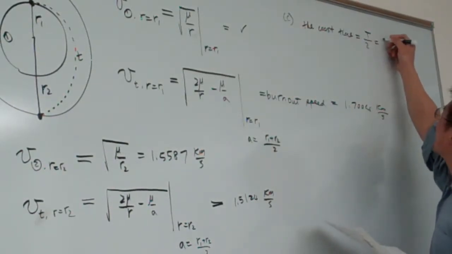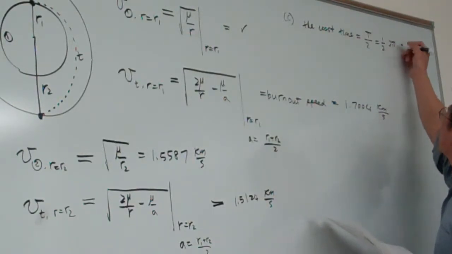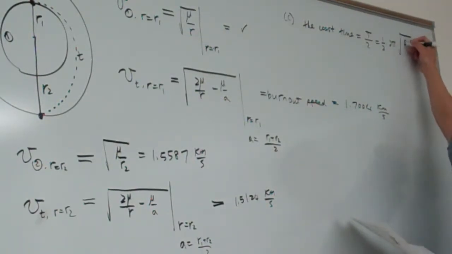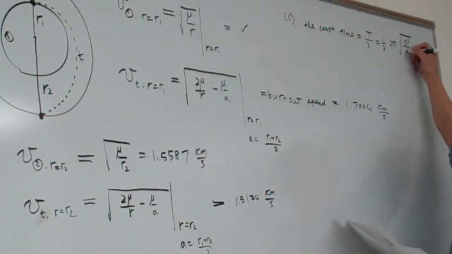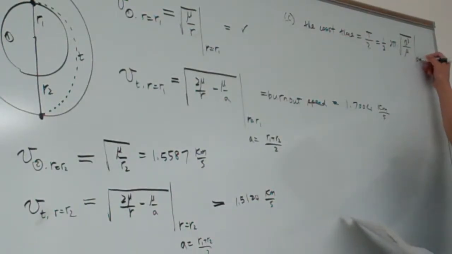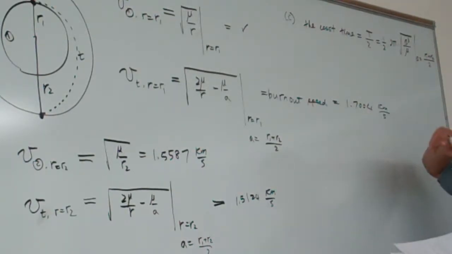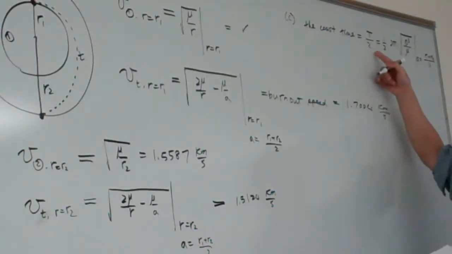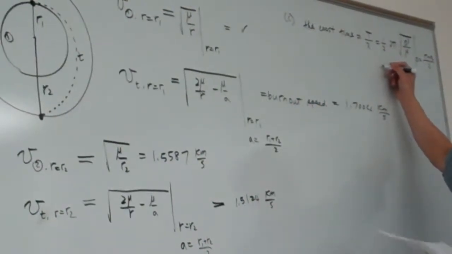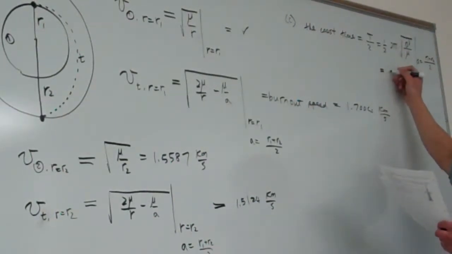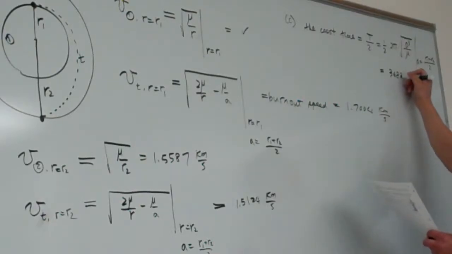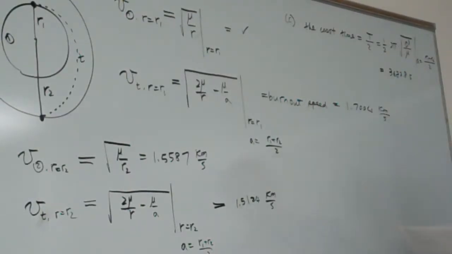So that is 1/2 times 2 pi times the square root of a cubed divided by mu. Here a is the semi-major axis, (r1 plus r2) over 2, for the transfer orbit. So here we can do the calculation, and that is 3682.8 seconds.